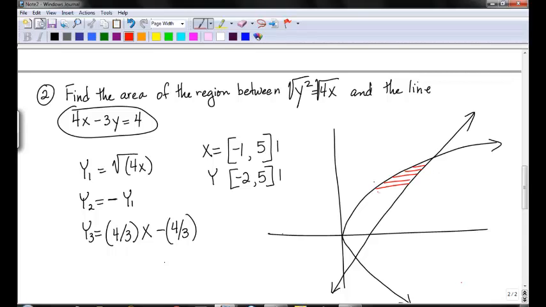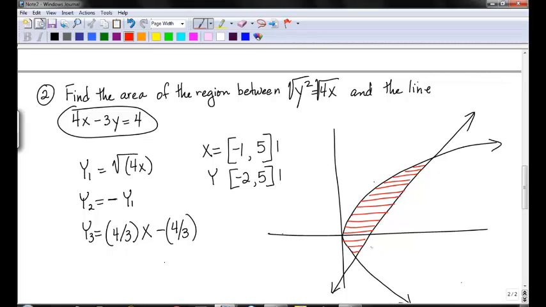If I do horizontal slices on this, the line is on the right for every slice. This curve is on the left for every slice. Okay, so that's how you decide. Can I do vertical slices or do I have to do horizontal slices? Okay, if you do horizontal slices, then you have to integrate with respect to y.